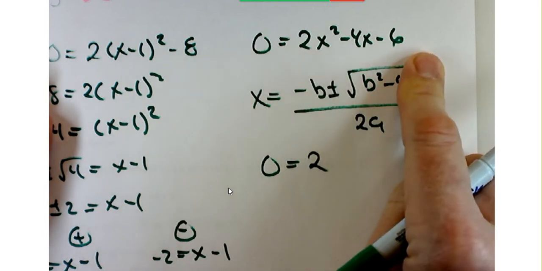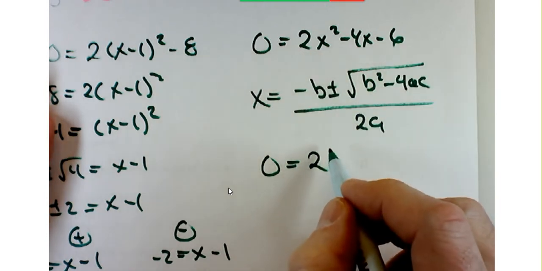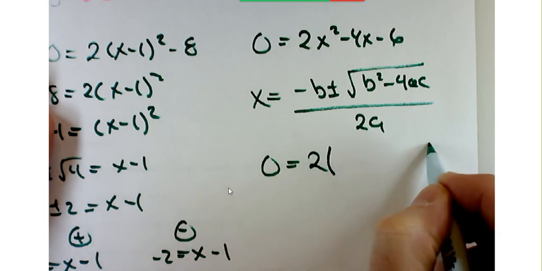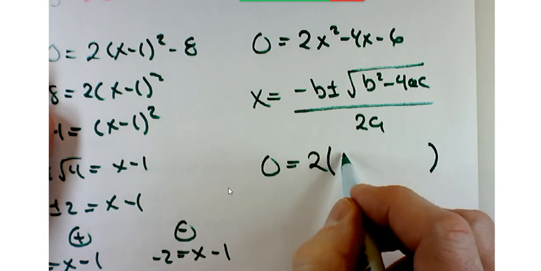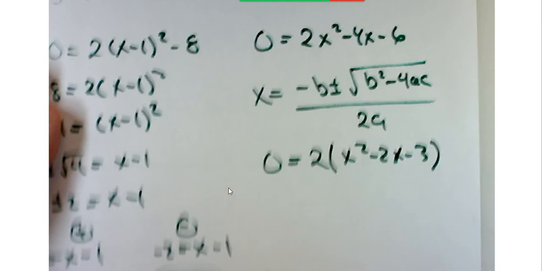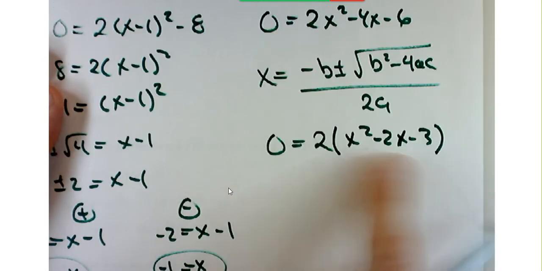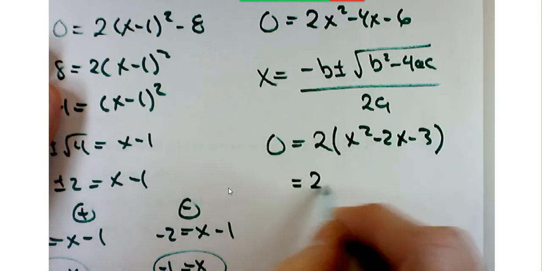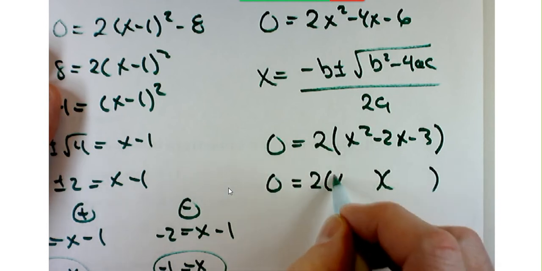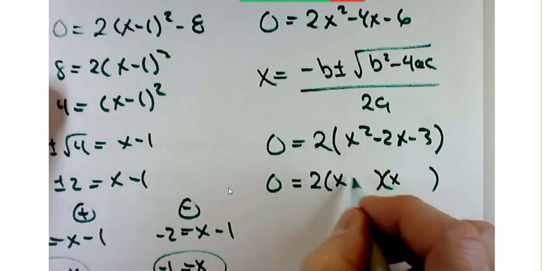You could factor it. How? Does it factor out? Yeah, 2 factors out, which leaves behind x squared minus 2x minus 3. And now we can kind of ignore the 2. I mean, sometimes I take the time to divide it out, sometimes I don't. And I think we've dealt with this one before here this morning.